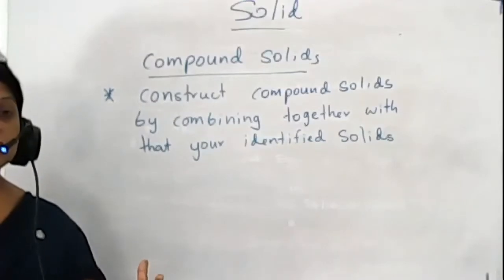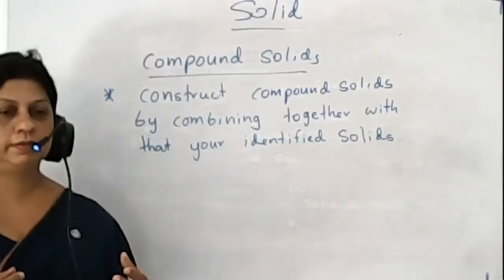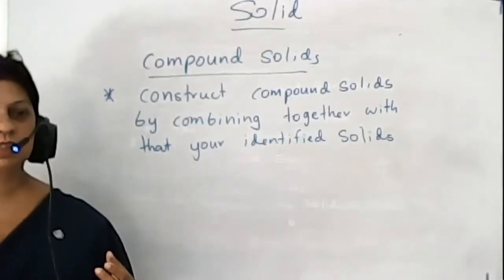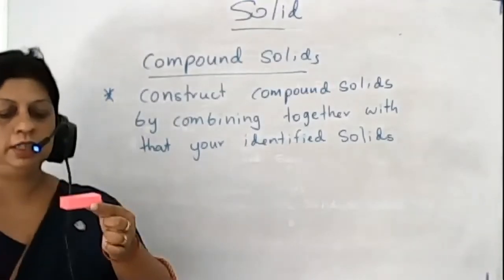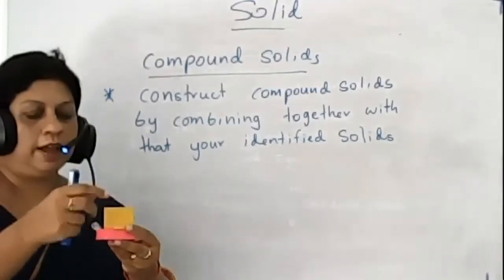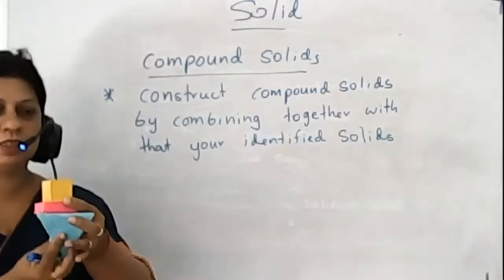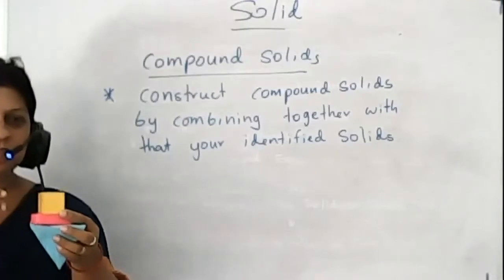What are those two identified solids? What solids did you identify? We already know the cuboid, cube, and tetrahedron. We can construct so many things. Can you remember in kindergarten, did you do this?